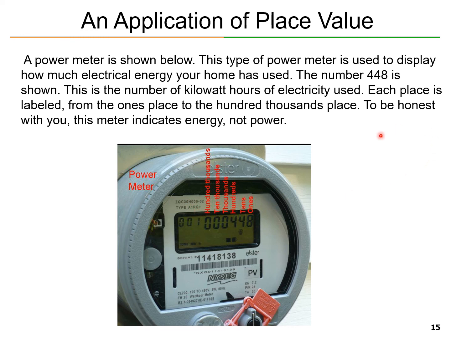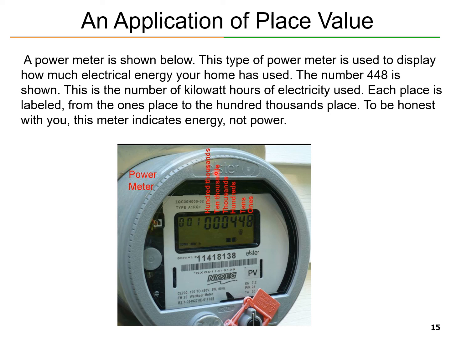To be honest with you, this meter indicates energy, not power. It indicates how much energy you have used, not how much power you have used. Now, you should be able to read this type of meter, but when you go to read it, it is not going to label the ones place, the tens place, the hundreds place, the thousands place, the 10,000 place, and the 100,000 place.